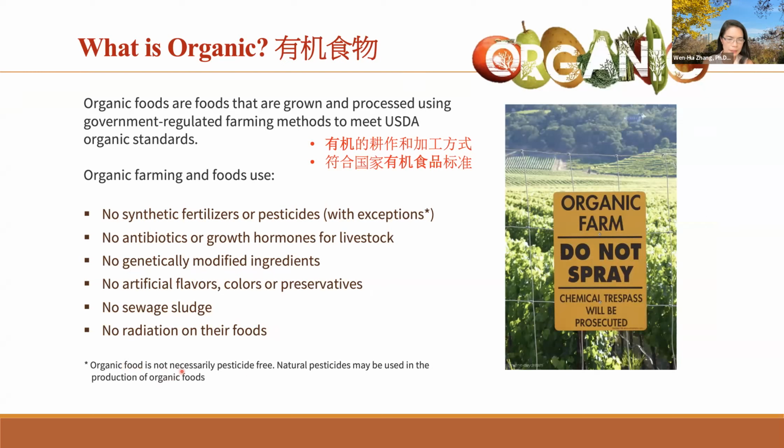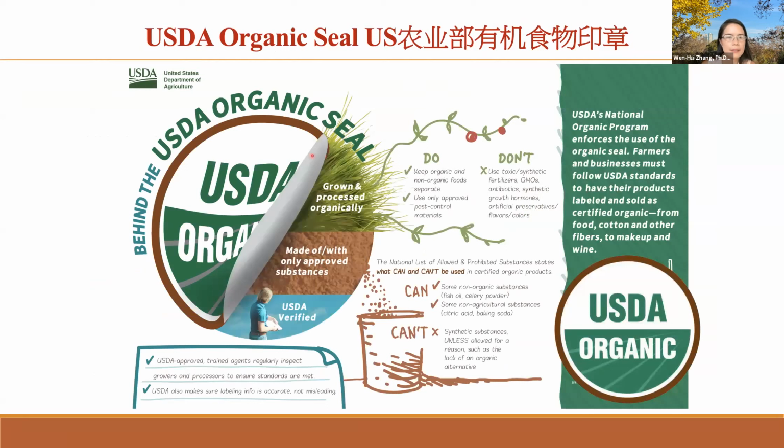So organic foods are not necessarily pesticide free. They can just use some natural pesticides that are already approved. So that's the USDA organic seal by USDA. USDA has a program, the National Organic Program, to enforce the use of the organic seal.